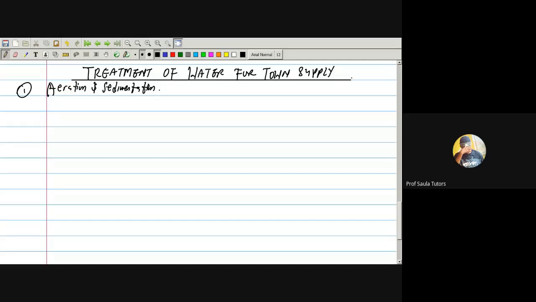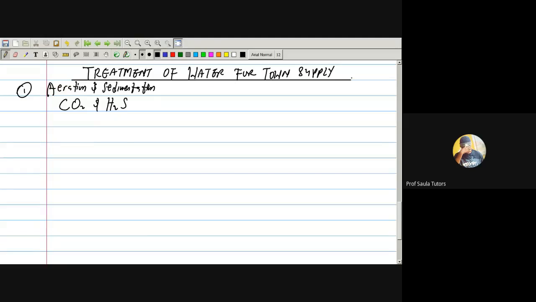During aeration, we expose the water to air and sunlight so that gases like CO2 and H2S present in the water can be removed on exposure to air and sunlight.